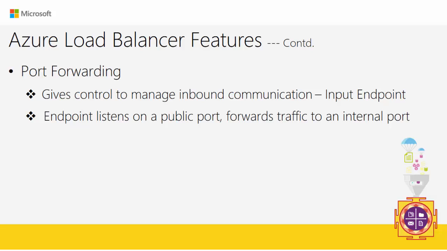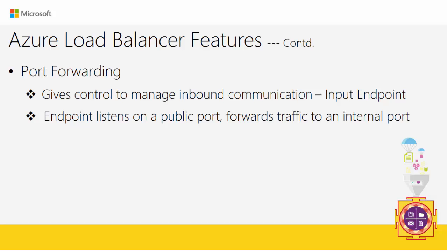An endpoint listens on a public port and forwards the traffic to an internal port. You can map the same port for an internal or external endpoint, or you can use a different port for them. So that is not the problem here. For example, you can have a web server configured to listen to port 81 while the public endpoint mapping is port 80.